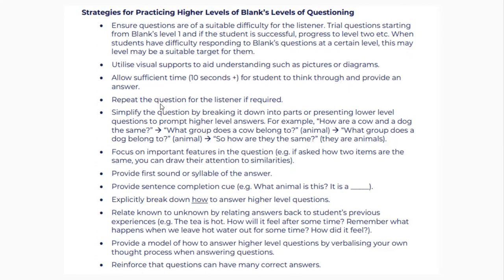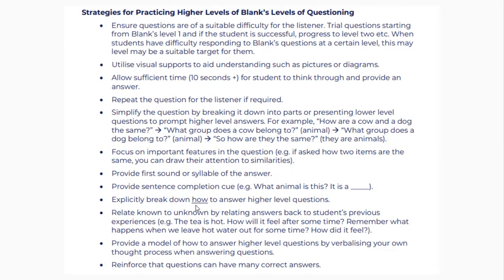Repeating the question and maybe even rephrasing it multiple ways for students is very important. Providing sentence completion cues. So using sentence stems, using writing templates, these are very important to help our students model how they need to articulate their thinking.